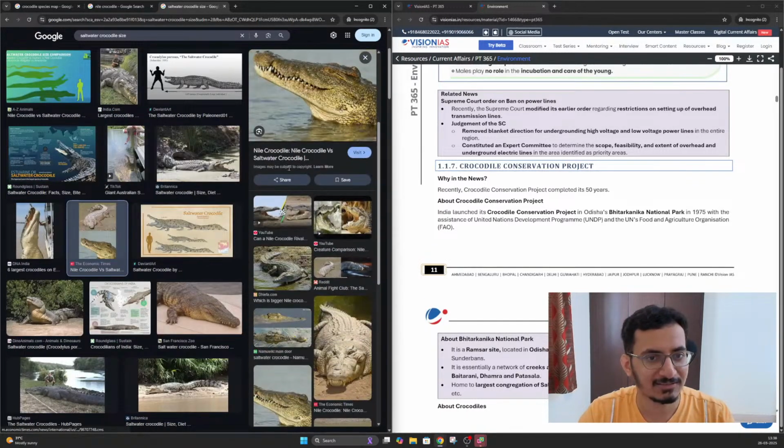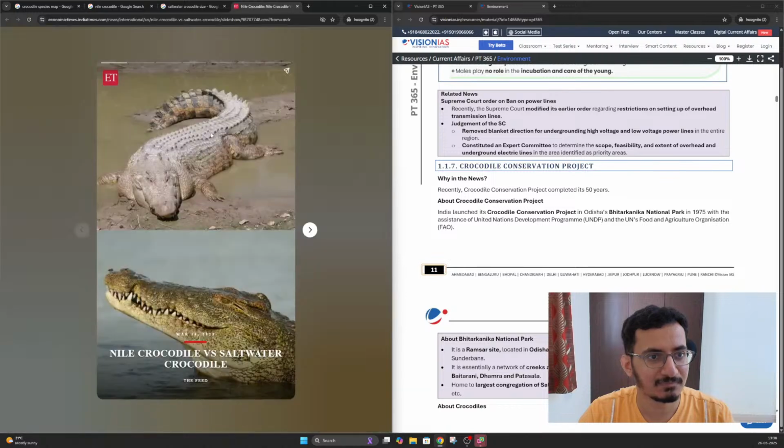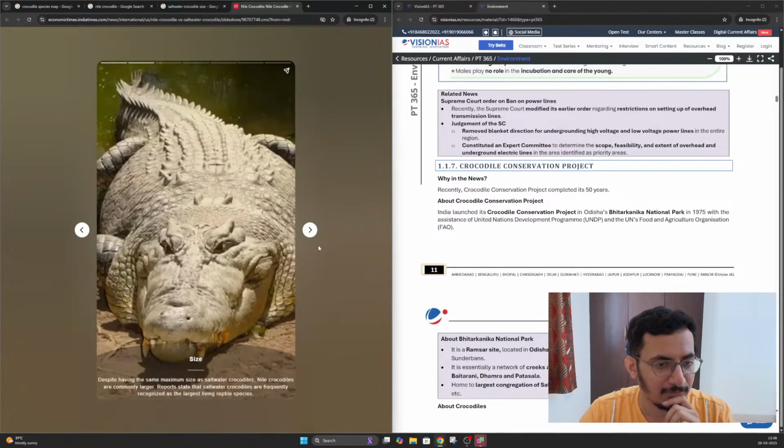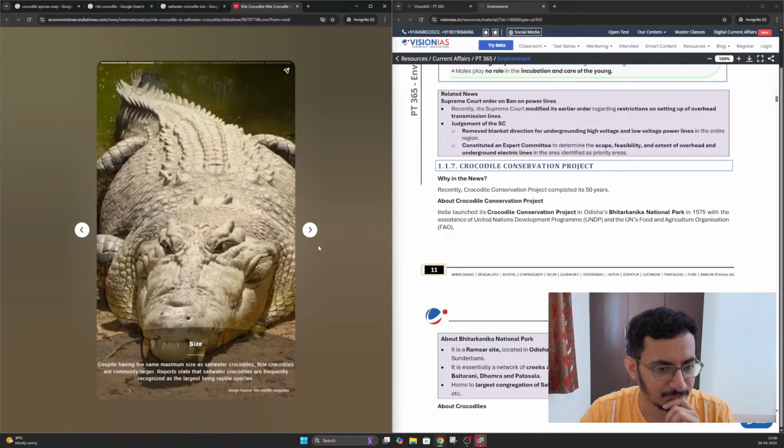Yeah, this is what I was interested in. But there are some answers here. Wanted to do a comparison of them. Despite having the same maximum size as saltwater crocodiles, Nile crocodiles are commonly larger. But saltwater crocodiles are frequently recognized as the largest living reptile.